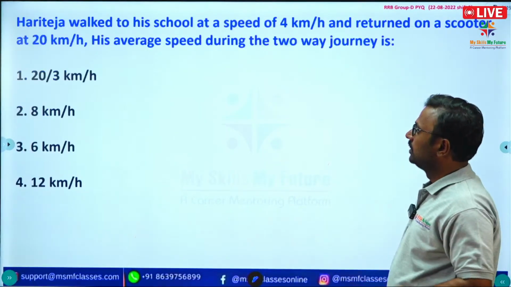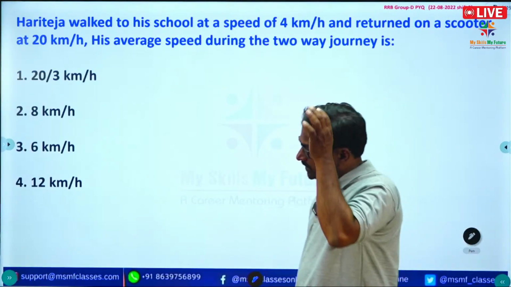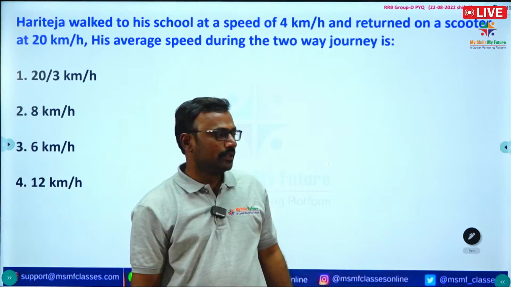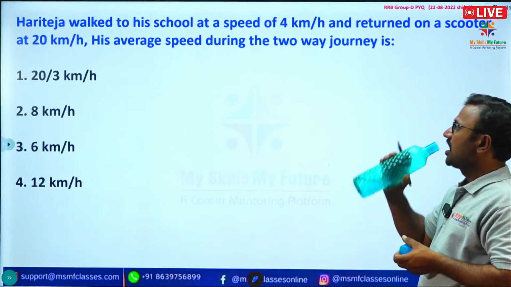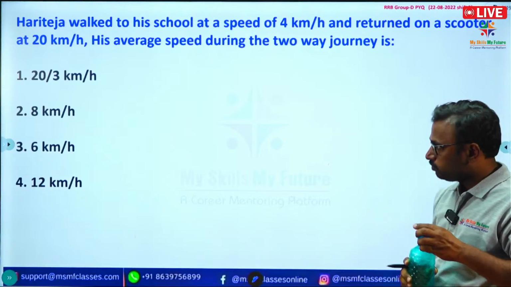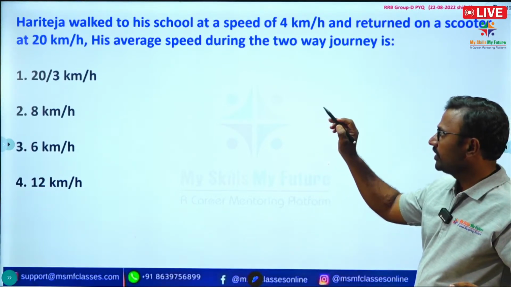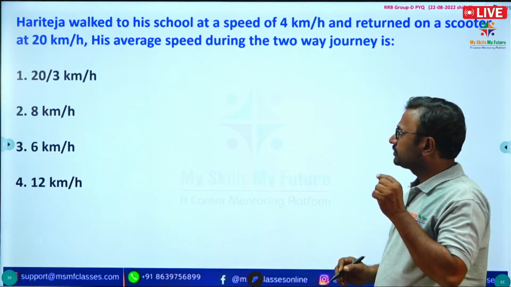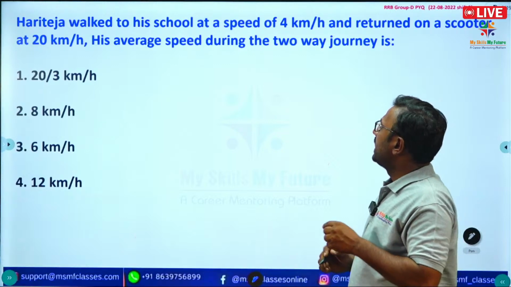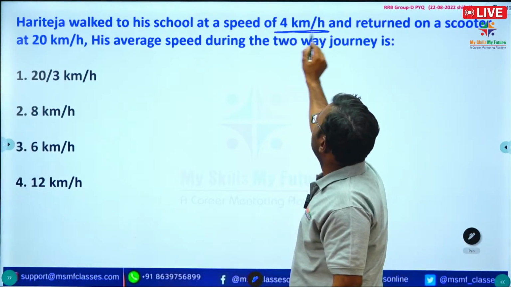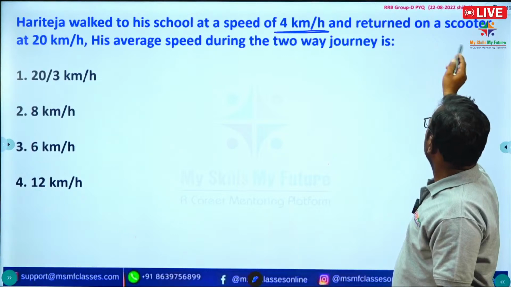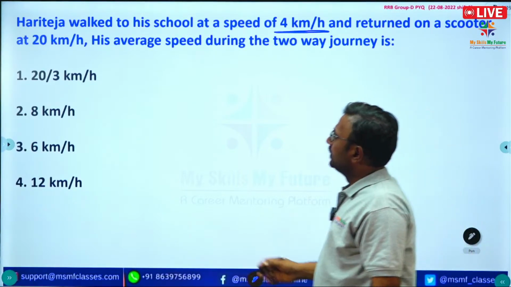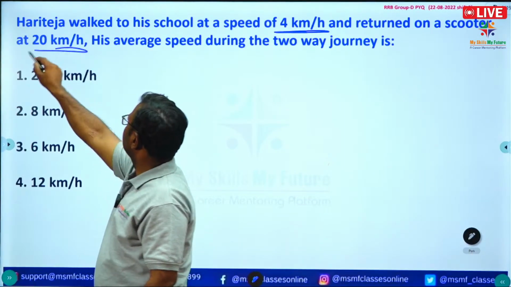Next question. Right. See the question. This question is based on average speed. Hariteja walked to his school at a speed of 4 kilometers per hour and returned on a scooter at 20 kilometers per hour.